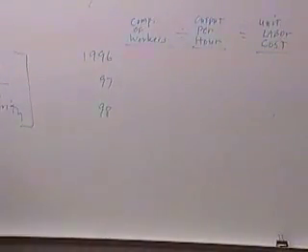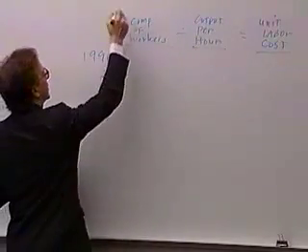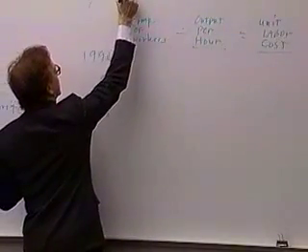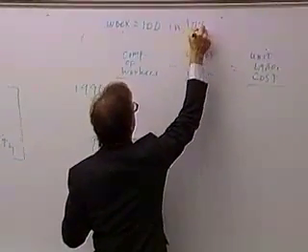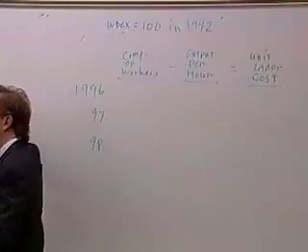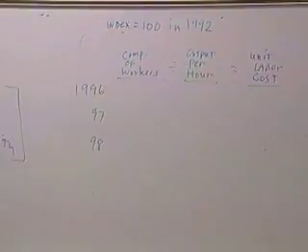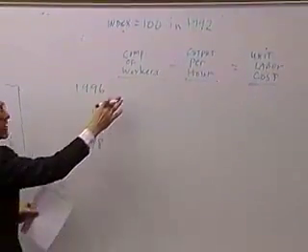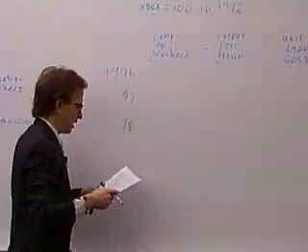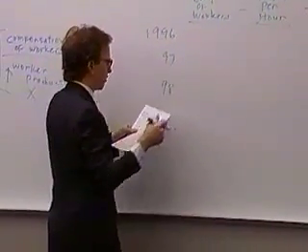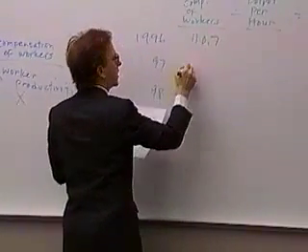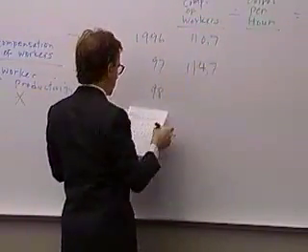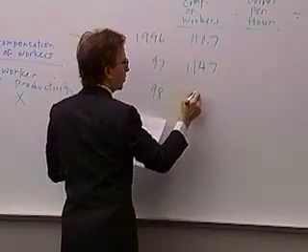Okay, so I have these numbers for 3 years. These are index numbers. Index equals 100 in 1992. So 1992 is our base year, if you want to call it that, for each one of these numbers. So in 1996, what do we have here? 110.7, 114.7, and 119.7.